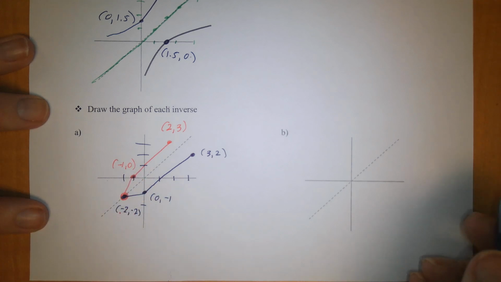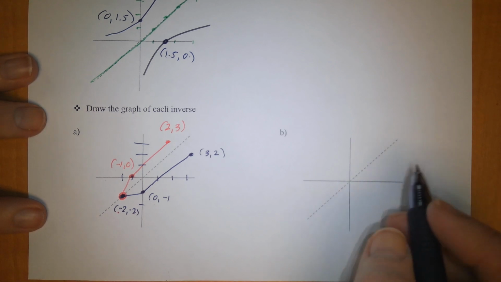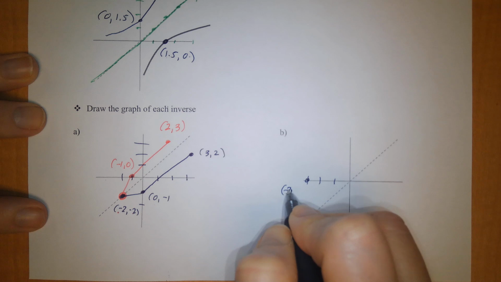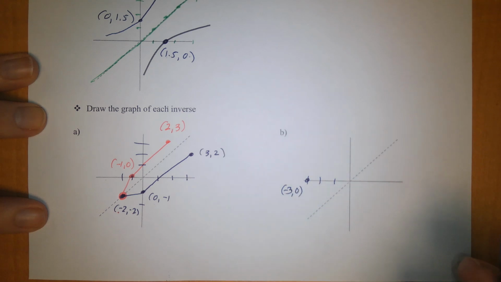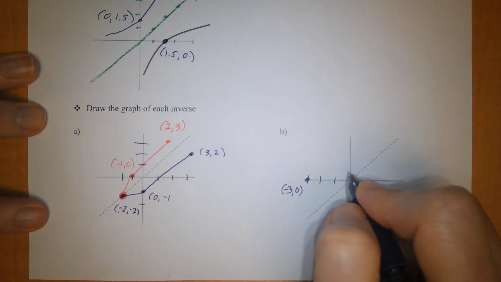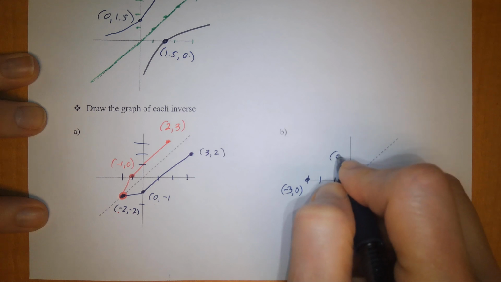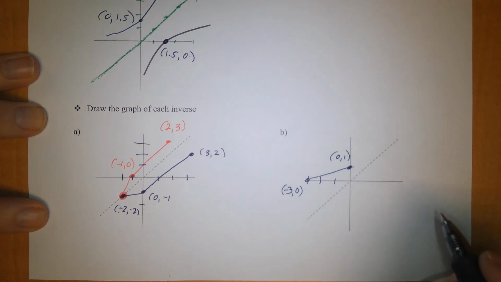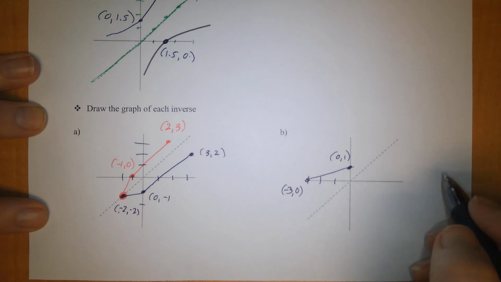Let's try another one. What if my original graph started at (-3, 0), continued on to (0, 1), and then cut through over to (3, 1).